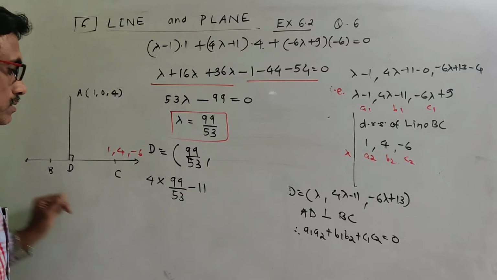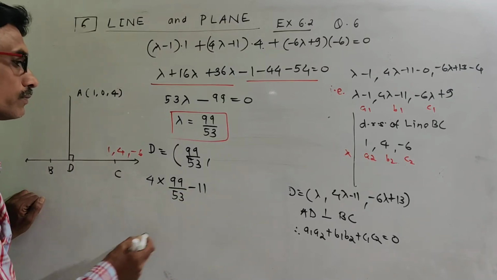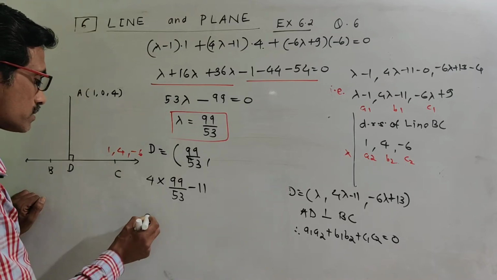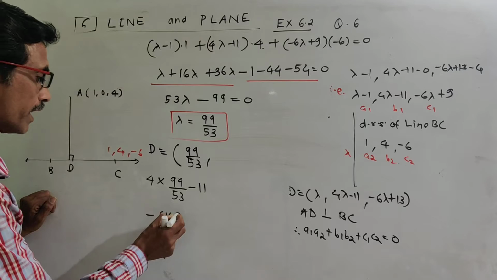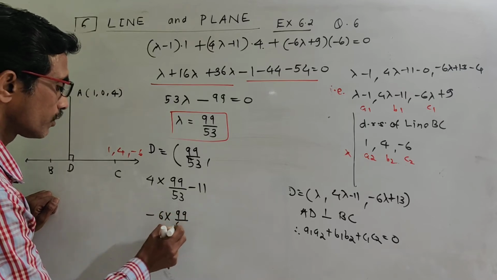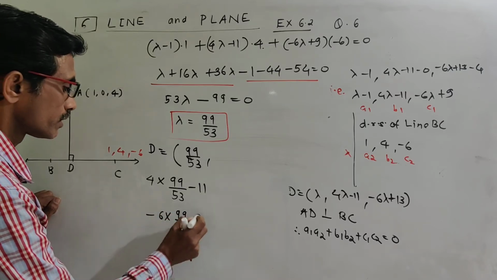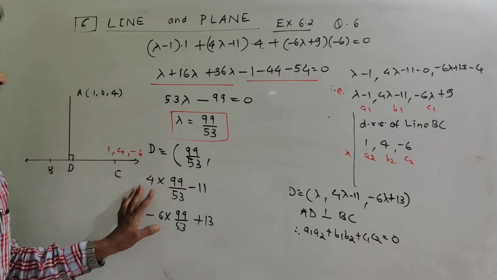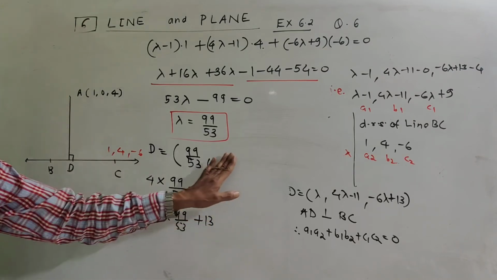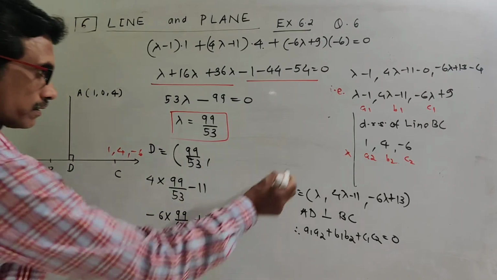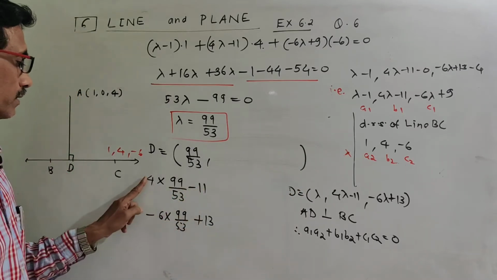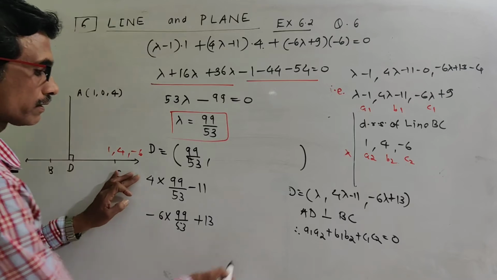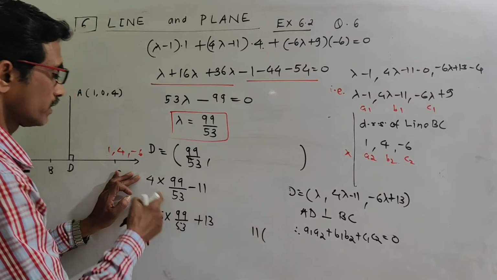So we work out this. Also minus 6 lambda, lambda is what? 99 upon 53 plus 13. So we solve this, and here we will write the answer. See, 53 into 11 and 4 into 99. Suppose 11 will take common.